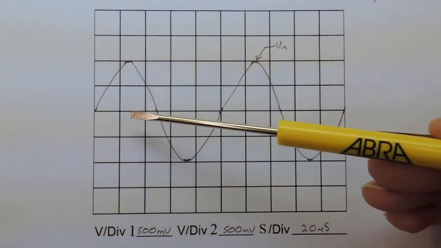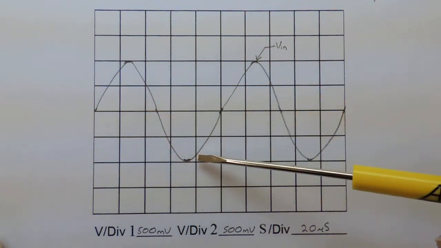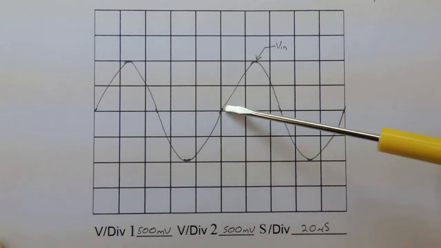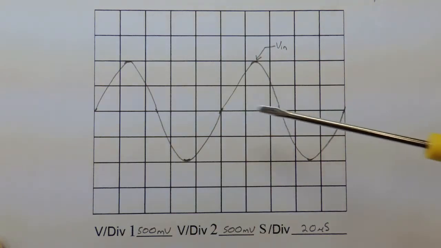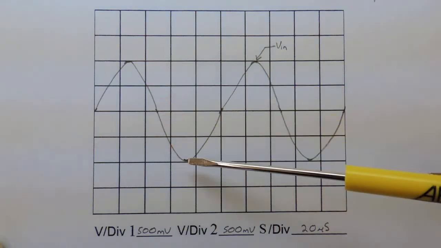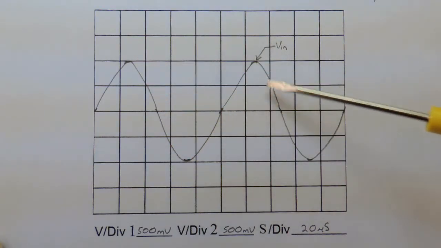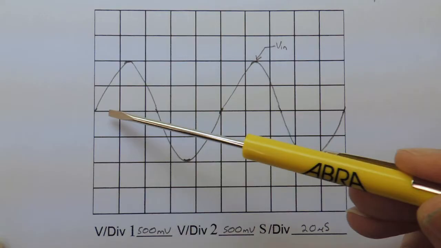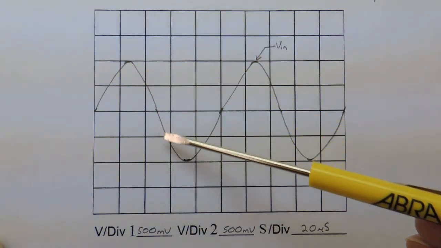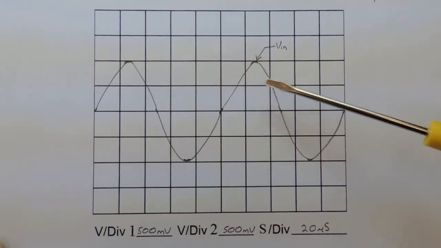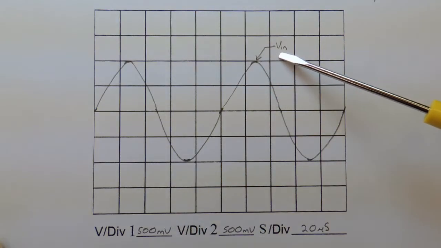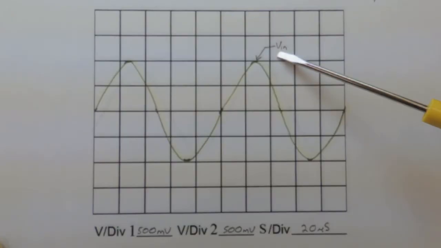So I've sketched in the waveform from channel 1. I did it by putting in the 0 crossing points first, and then saying where the peaks were on each of these grid positions, and then I tried to sketch in a waveform that looks more like a sine wave than a triangle wave, and then I labeled my sine wave as being Vin.